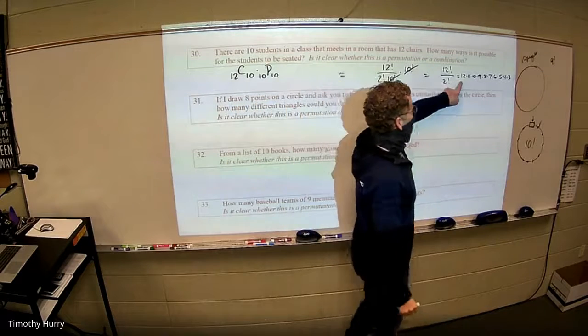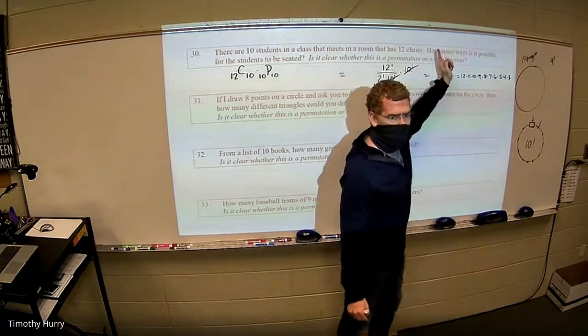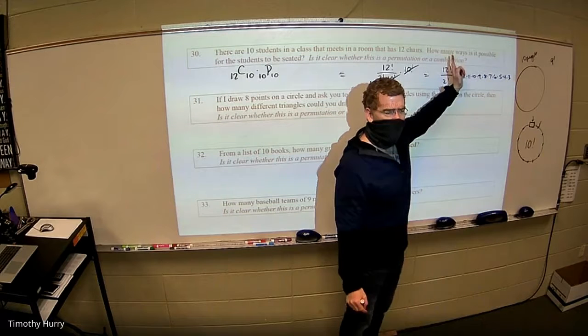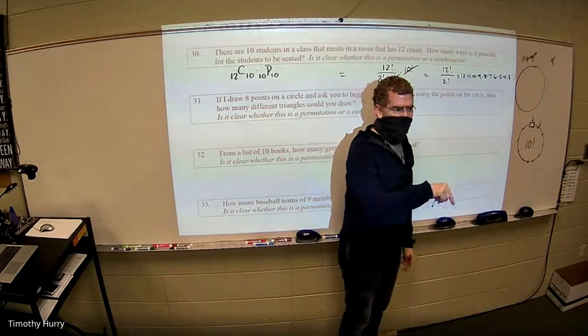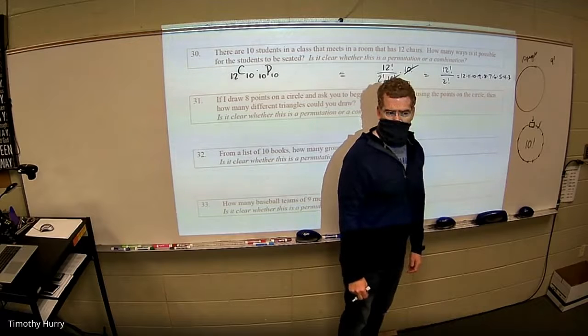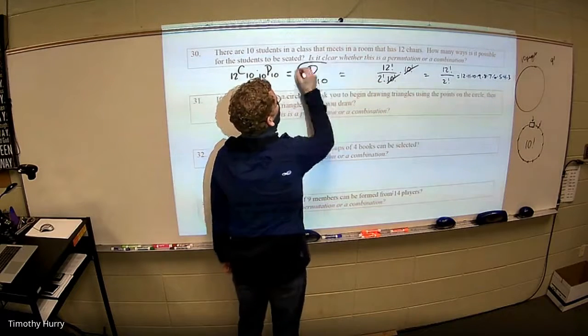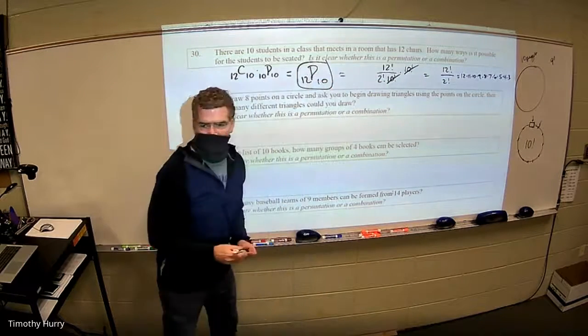Doesn't that look like the first 10 numbers in 12 factorial? What's another way of saying the first 10 numbers in 12 factorial? 12P10. 12P10 is another way of doing this.